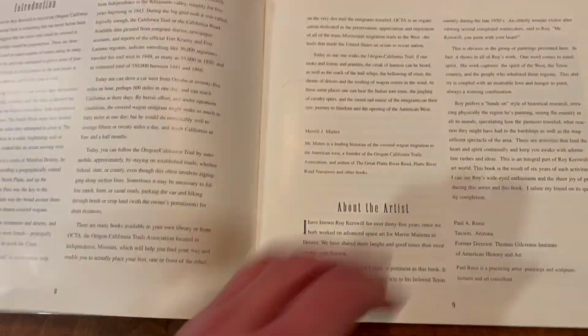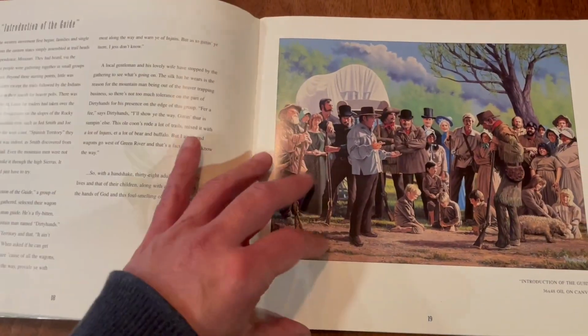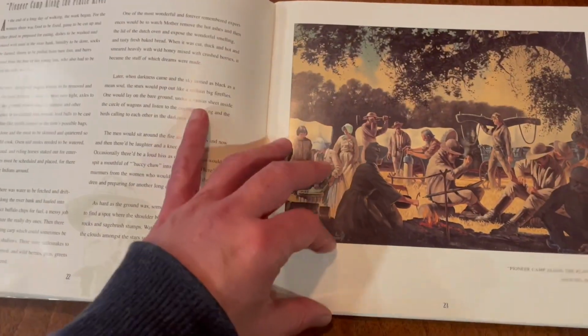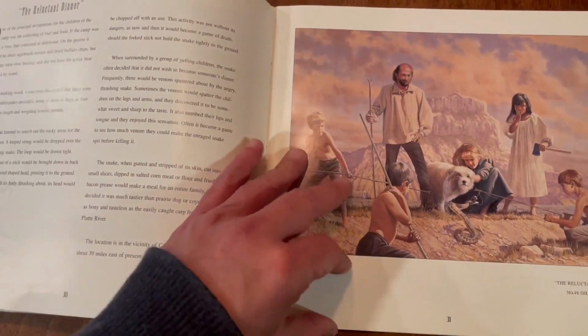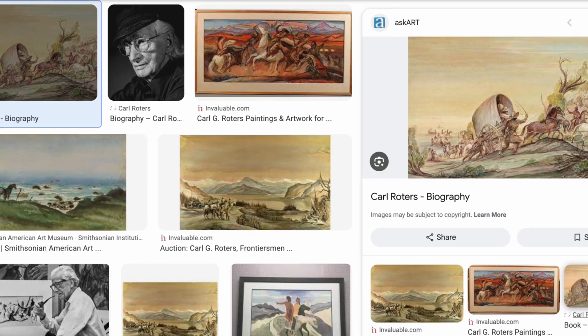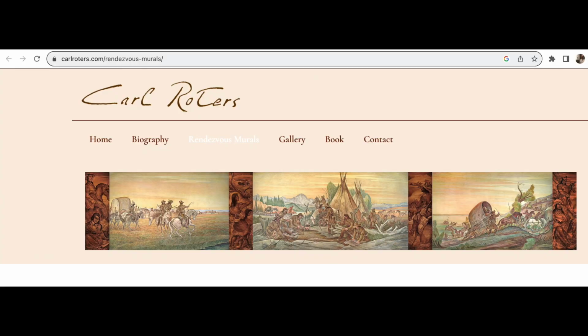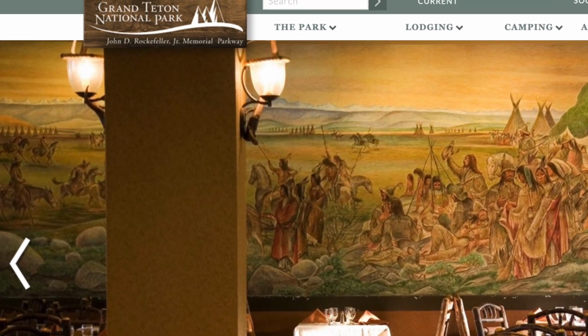Now, we can fall down a little bit of a rabbit hole with this, because if we look at these figurative storytelling paintings of Roy Kerswill's, we can see that there might have been some influence by an artist, Carl Roeder, who won a commission to paint the murals in the mural room of the Jackson Lake Lodge in the 1950s.